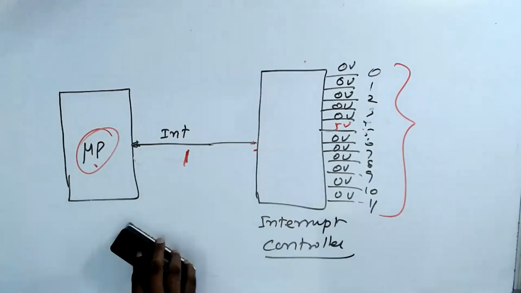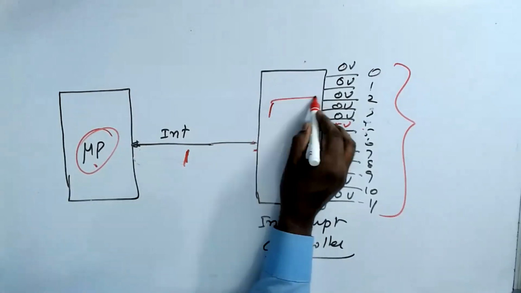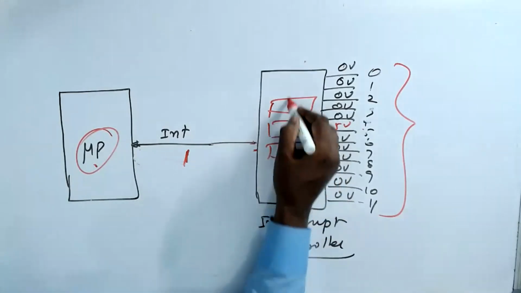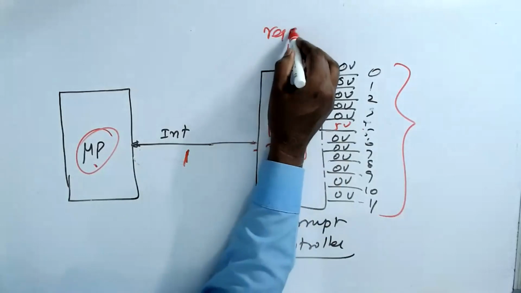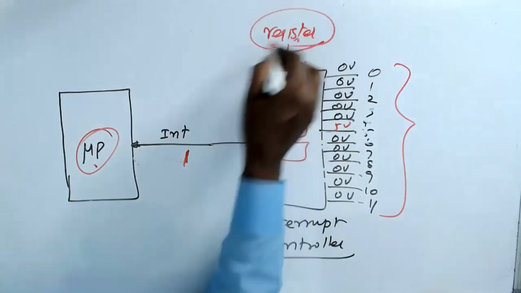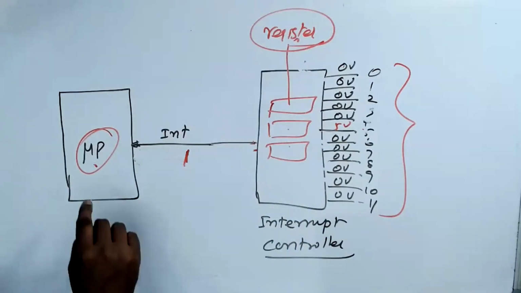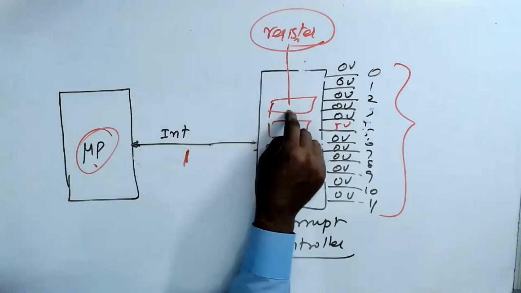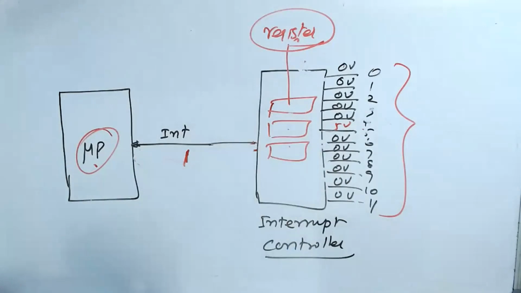What will happen? The controller will have a register inside. Now, once the microprocessor gets the interrupt, it will go and read that register and find out who has come.